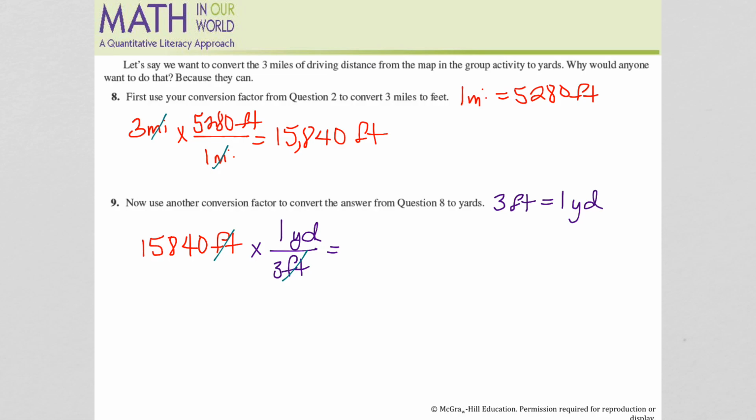But what's happened here is we've got the 3 on the bottom here. So we can multiply by 1/3, or we can divide by 3. And that gives us 5,280 yards. Yeah, because of the 3 in there. Okay.